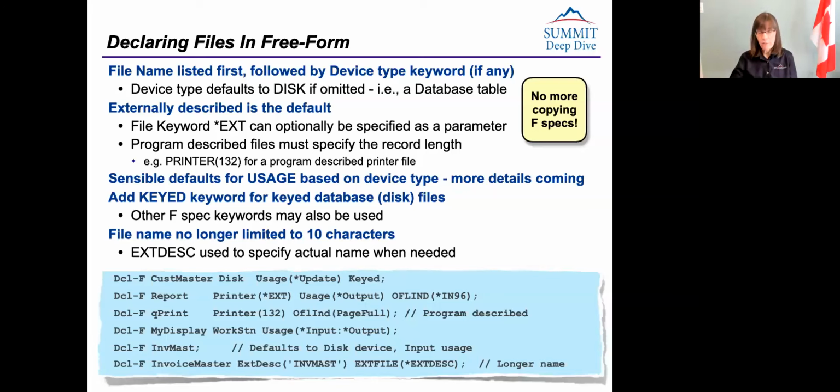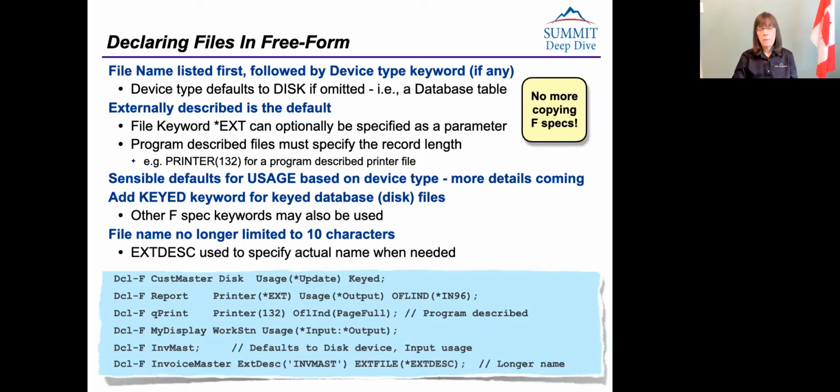Matter of fact, the only thing you have to specify is if it's not external, you have to put the length of the records. The defaults for the device type, I'm going to talk about that in a lot more detail later because it's one of my favorite features. The fact that we can add the key, and the word keyed stands out now. Not just looking at it for a K in that little column over there, but it's more obvious to everybody now which ones are keyed files.